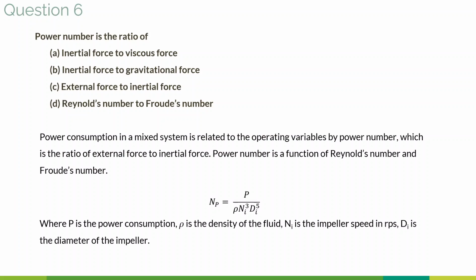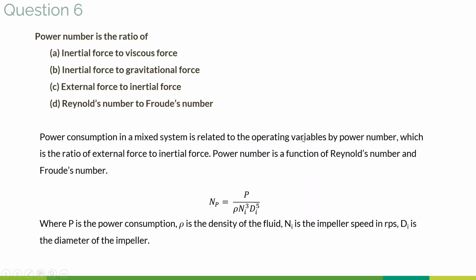If you are trying to mix 2 components inside your system, you have to give certain power to the impeller or to the mixer to mix the system, to mix the components. So a power consumption in a mixed system can be related to its operating variables by something known as a power number. So power number is a dimensionless number that relates the power consumption to the operating variables.